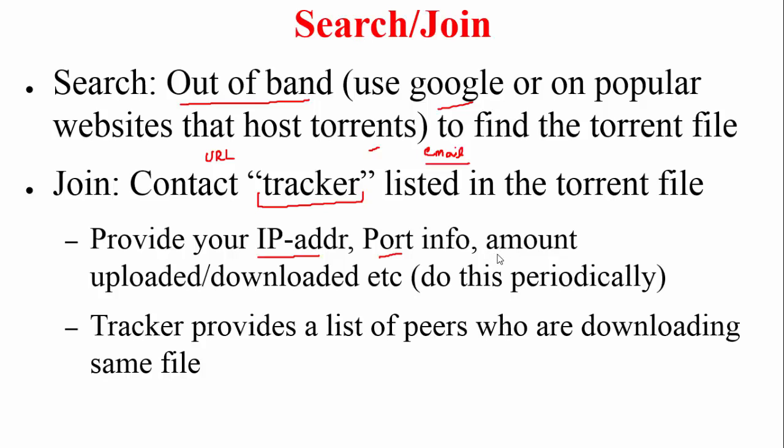The amount of upload and download is not relevant when you are joining the swarm, but later when you are part of the swarm, you do inform the tracker of how much you have uploaded as well as downloaded. This is done periodically. And the tracker is going to provide a list of peers who are currently downloading the same file. So when you join, the tracker is going to tell you, these are the other peers that are part of the swarm. You can contact them to fetch the file.